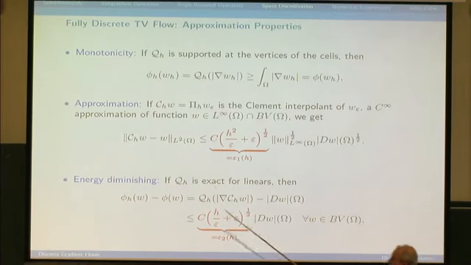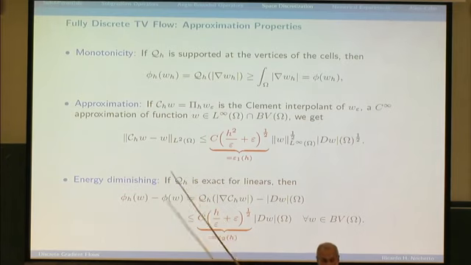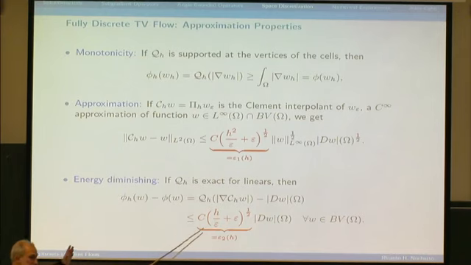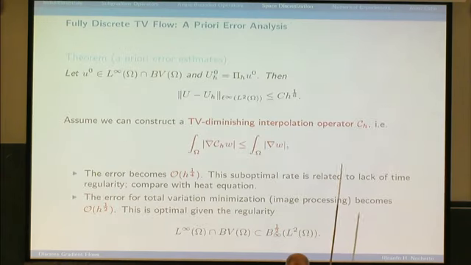It's not completely trivial, because if you have a function in BV and you convolve it, you need to know what to do with the function near the boundary, because the function is not defined outside the domain, but a convolution would need a little bit of function values outside. So you need to extend the function. But if you extend the function, you may lose a little bit of the approximability. So there is a point here. You need to extend the function with a constant for the extension that is close to 1. And then you have an energy diminishing property that is written here. Again, this has to be calculated.